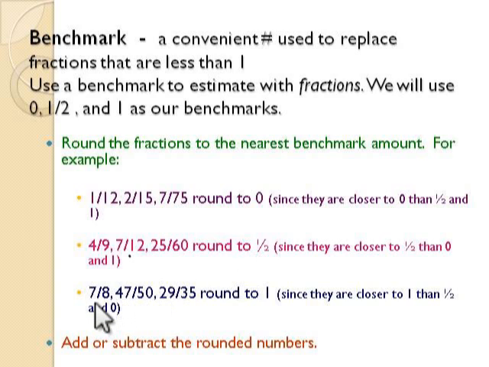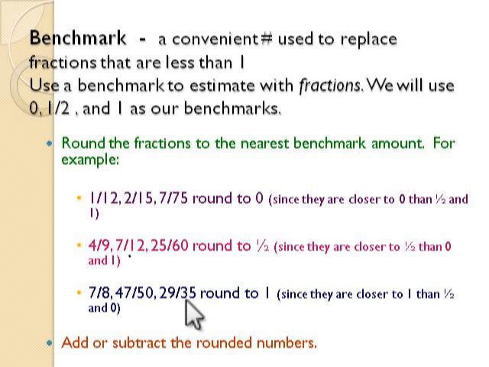And here's another set. 7/8, 47/50, 29/35. These would all round to 1 because they are closer to 1 than they are to a half. And again, the easiest way is to think of what would be half of the denominator.